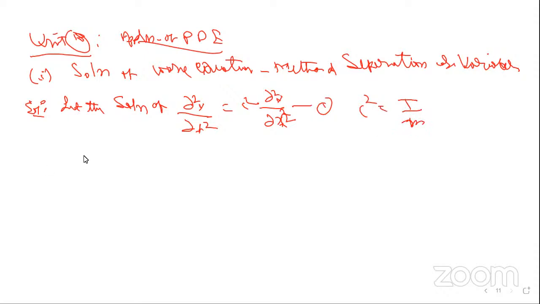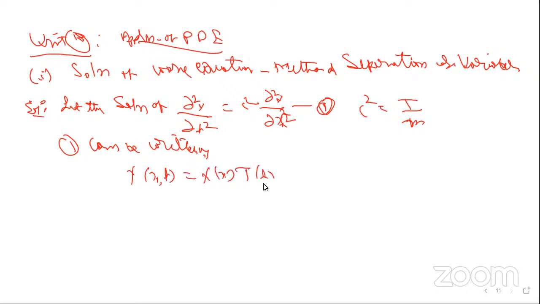So equation number 1 can be written as y of x comma t equal to X of small x, T of t.